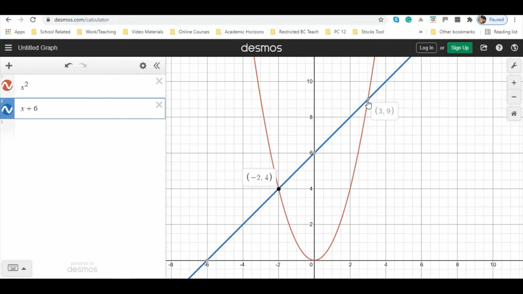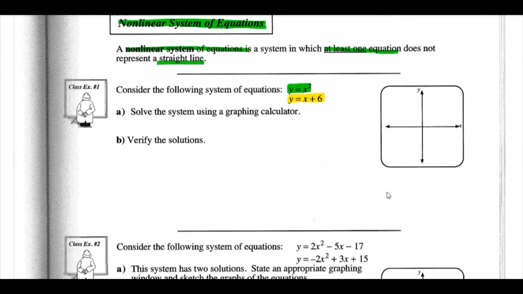You have 2 points of intersection, (-2, 4) and (3, 9). Therefore, you have 2 solutions.